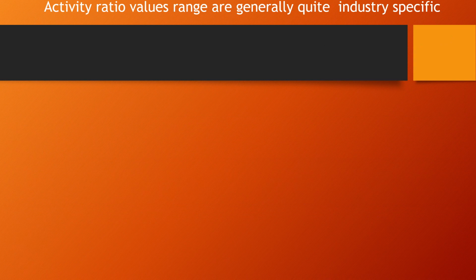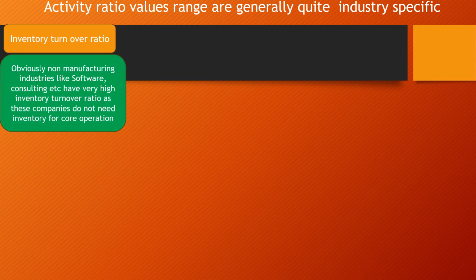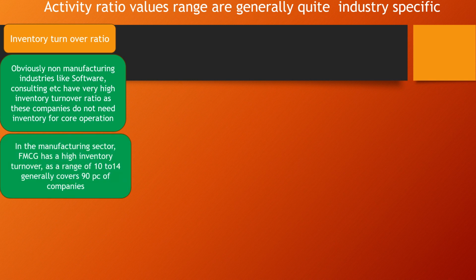Now, activity ratio values range are generally quite industry specific. That is, every different industry has a range of values for a specific activity. Now, inventory turnover ratio. Obviously, non-manufacturing industries like software consulting, etc. have very high inventory turnover ratio, as these companies do not need inventory for core operation.